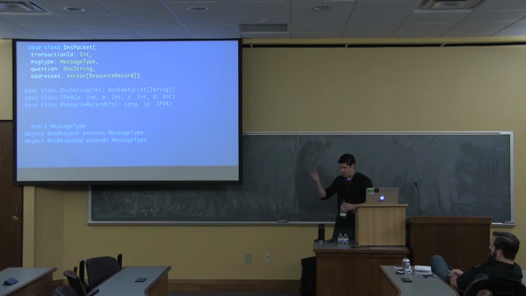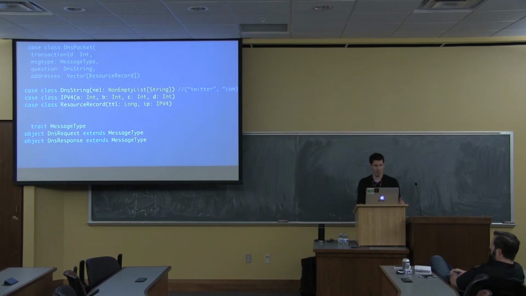I put this on my GitHub, so there's now a Scala DNS client. I don't know if anyone has ever wanted that, but we have a transaction ID, a message type, a question, which is the DNS string that we're asking about, and a resource record, which is the responses, when there are responses, that say the IP of the question.